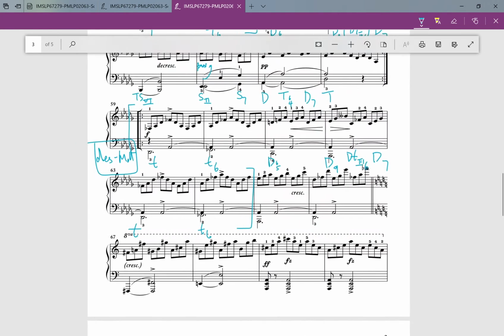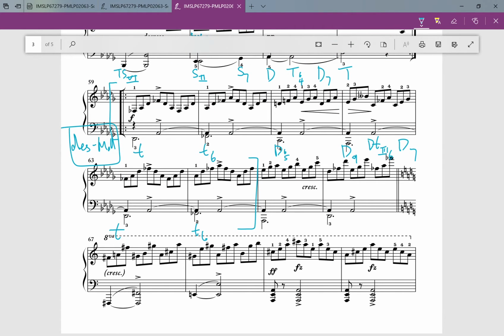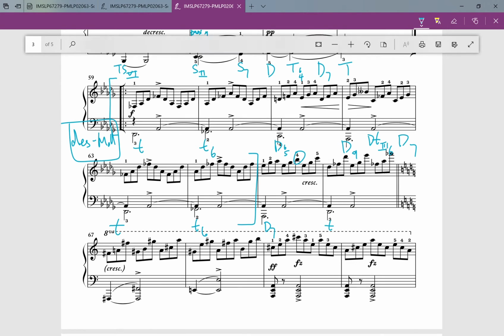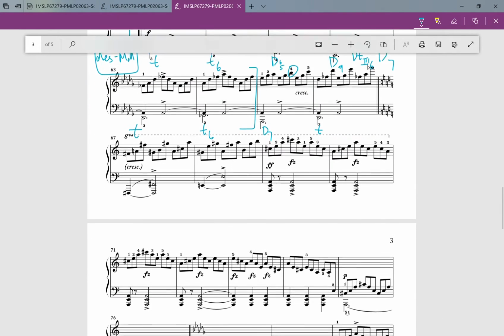So here we have, what do we have? This is dominant 7th, right? Yes, this is a passing note here, and now it resolves to the tonic. Oh, actually, it's the minor tonic. So now it resolves to the minor tonic here.